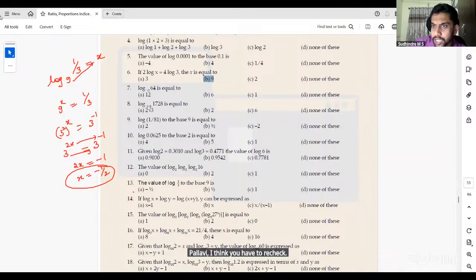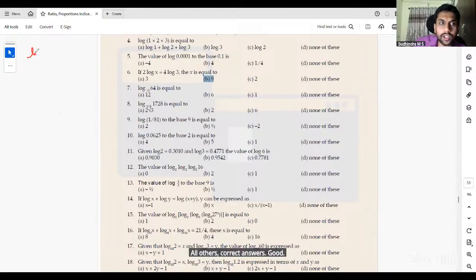Deepthi also you have to recheck. Rachana, you have to recheck. Nandita Bhatt, you have to recheck. Indira, you have to recheck. All others, correct answers. Good.